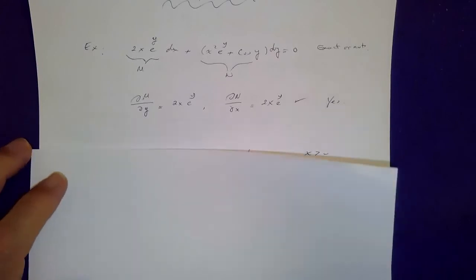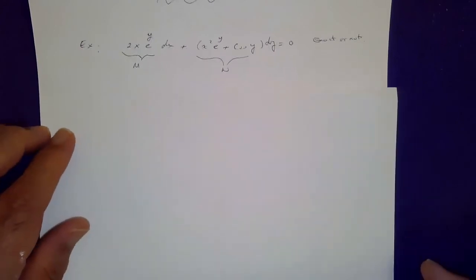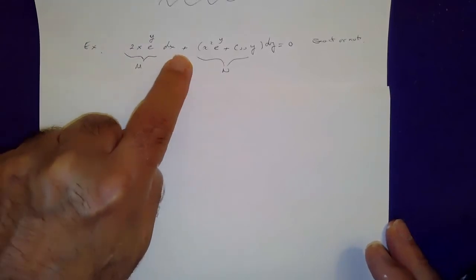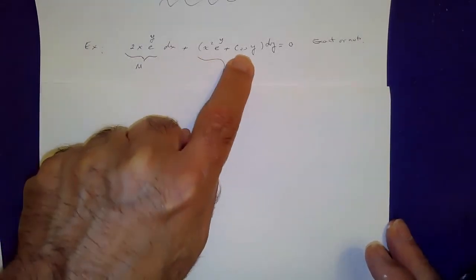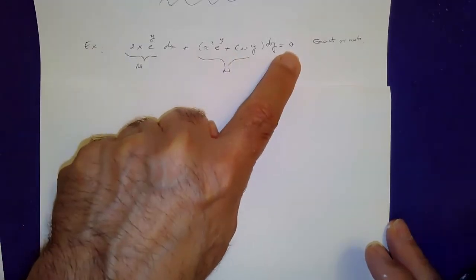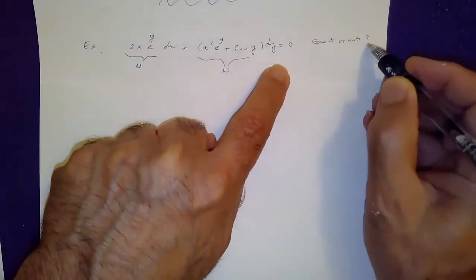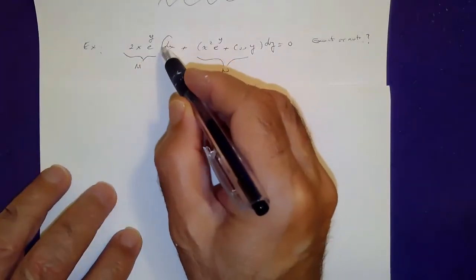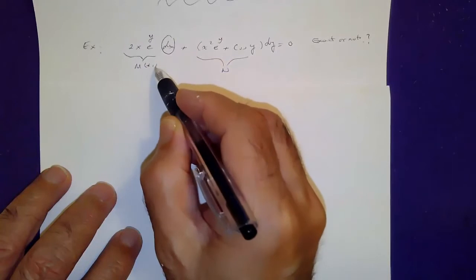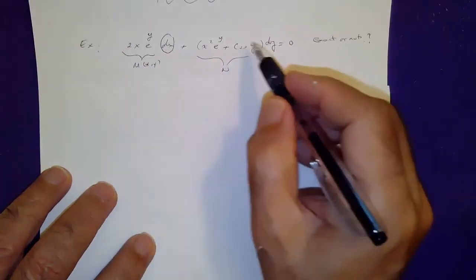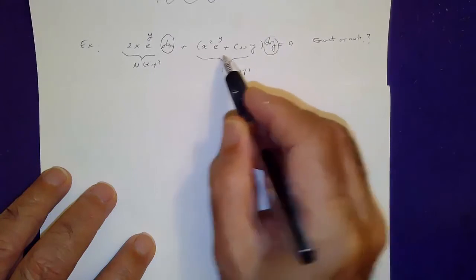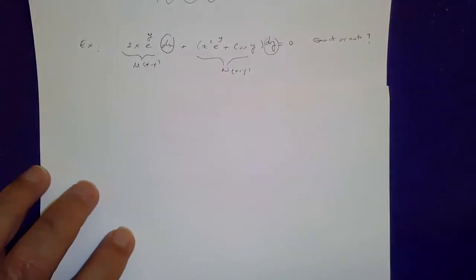For instance, let's take a look at this particular differential equation: 2x e to the y dx plus x squared e to the y plus cosine of y dy equals 0. Is this exact or not? Remember, the function attached to dx will be called M. The function attached to dy will be called N. As you can tell, they both are functions of x and y, correct?